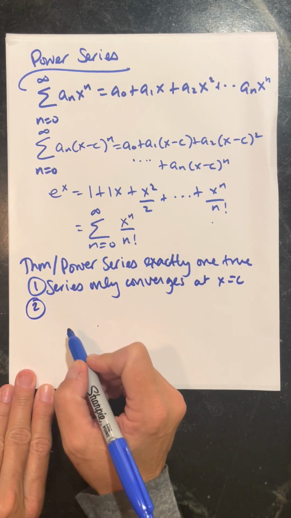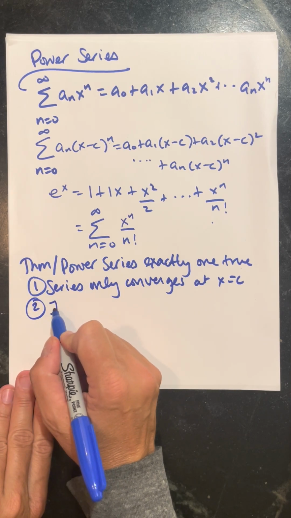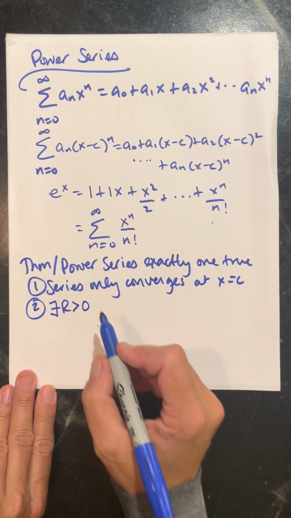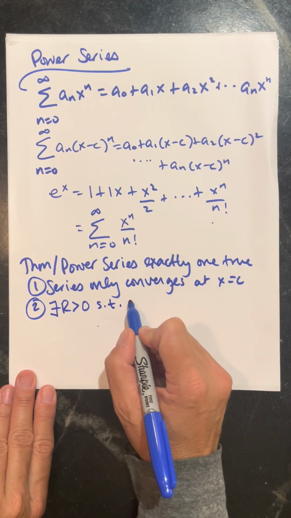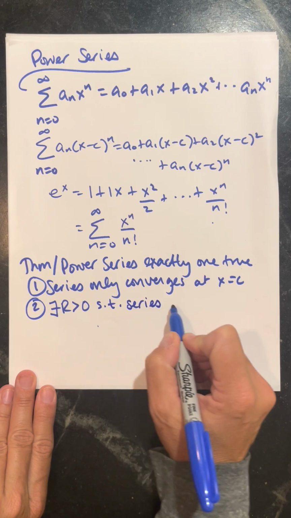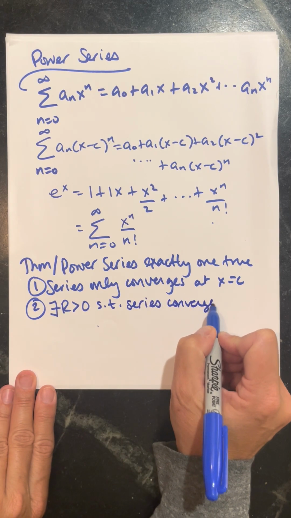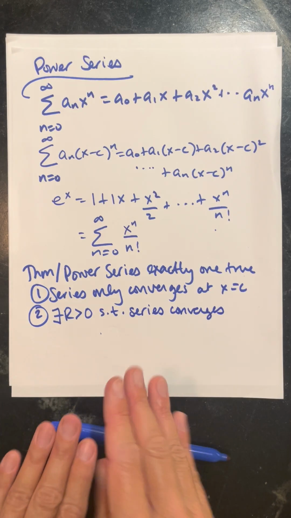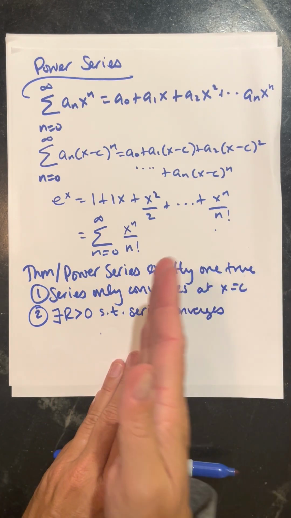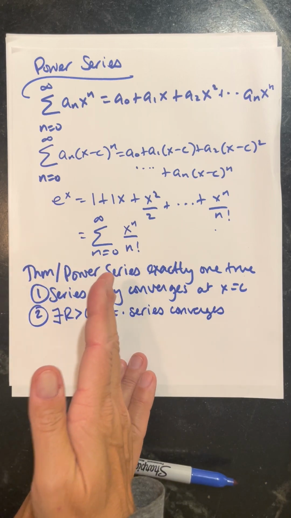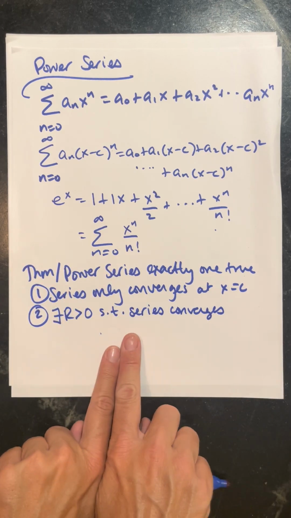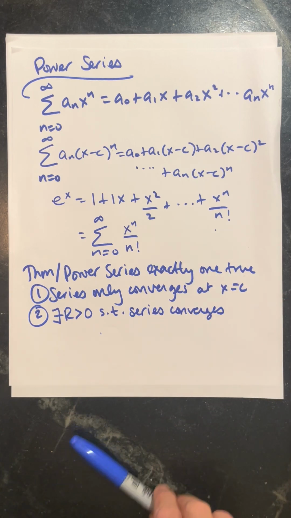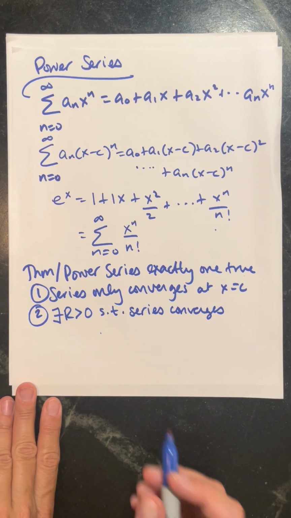The second scenario is that there exists some positive value that we will call R, such that the series converges whenever we are within R of the center. So we have our center plus R, our center minus R, and that R around the center creates an interval about which it can converge.